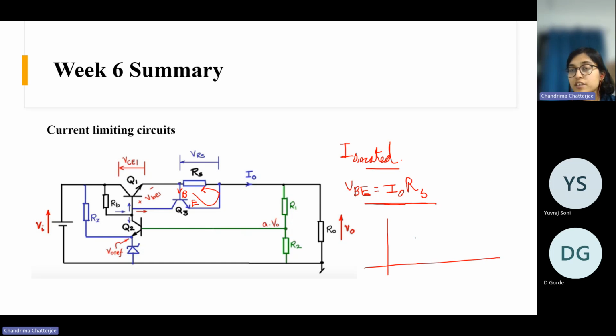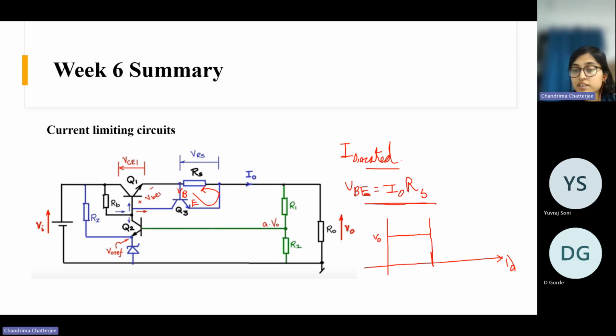So this is kind of the characteristic. Suppose this was your V naught, and this is your I naught here. Till this point, this is I naught rated, the rated current.